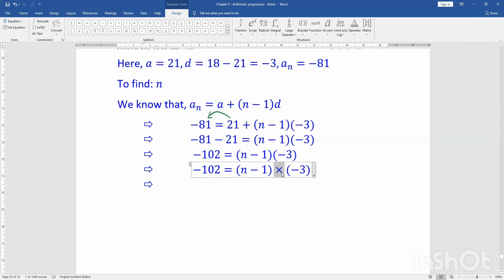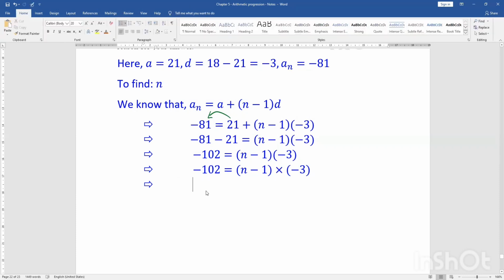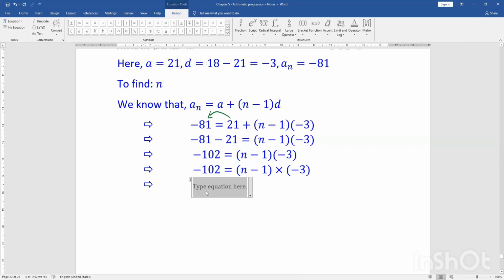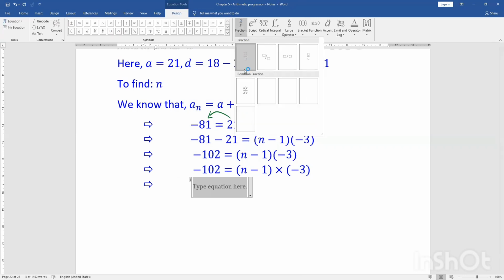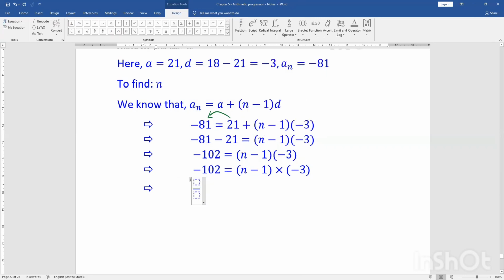When we transpose the multiplication sign to the left hand side, multiplication will get converted into division. So the right hand side becomes minus 102 by minus 3. That's why minus 3 comes to the denominator. It will not come to the numerator.